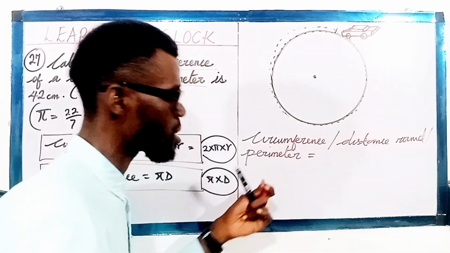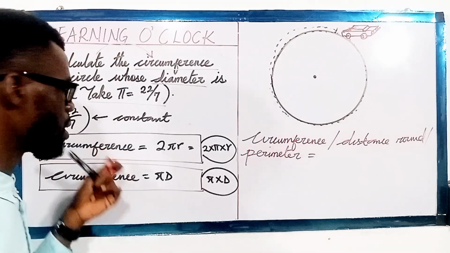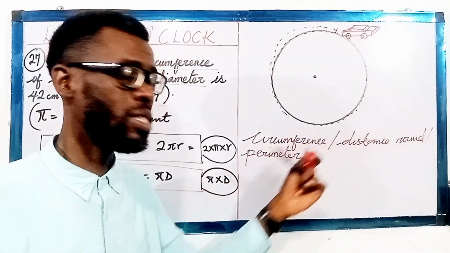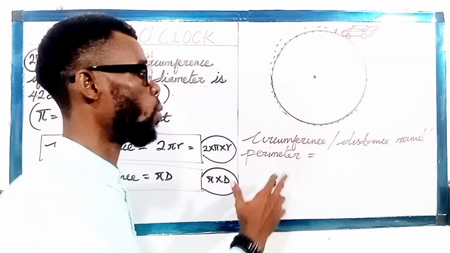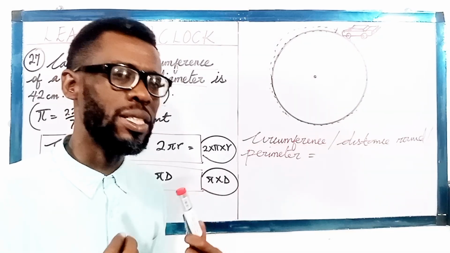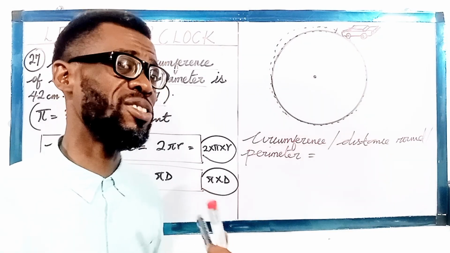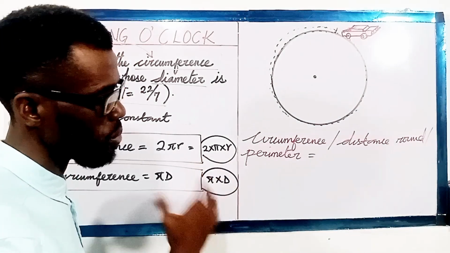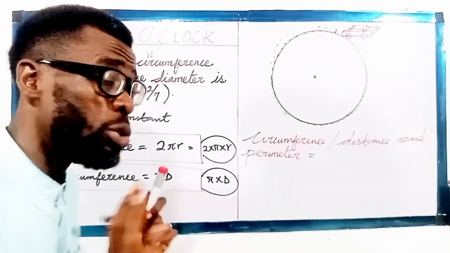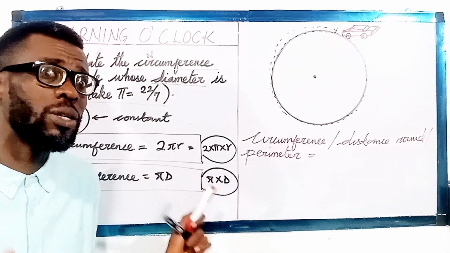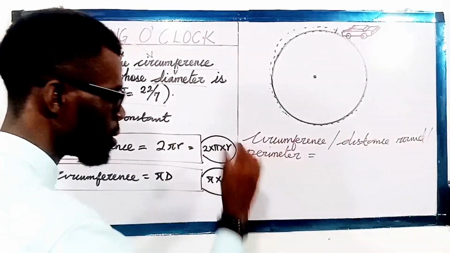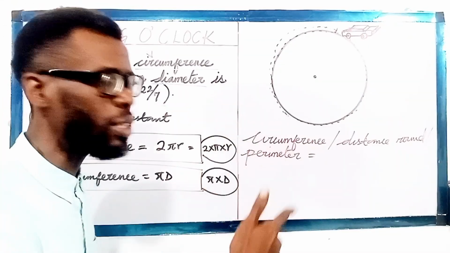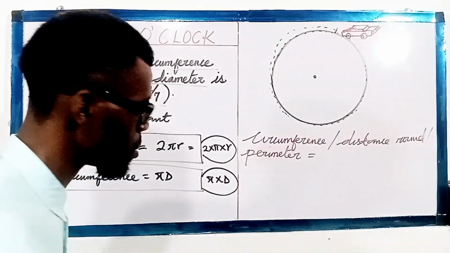If you are asked to find the circumference, or the distance round the circle, or the perimeter of the circle, it's the same question. It's synonymous, that's our English language. So you don't need to get bothered wondering what the question is. It's the same thing.